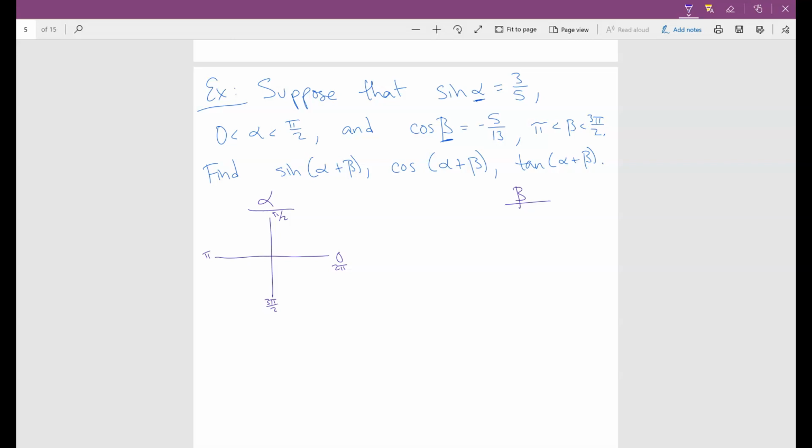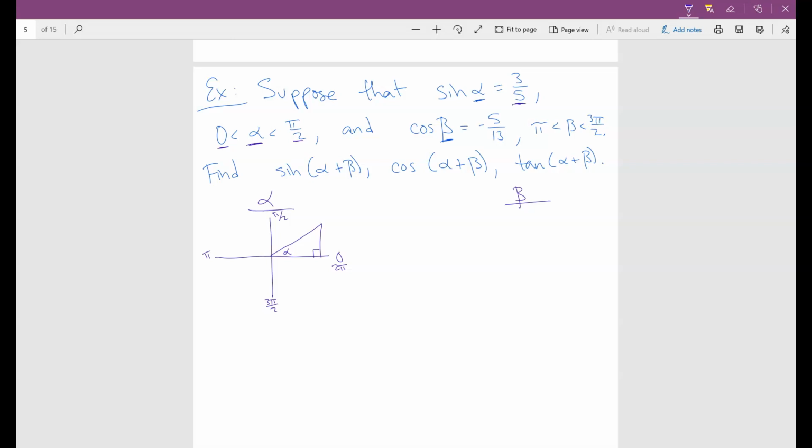So if you remember about sine, sine alpha is going to be the opposite over the hypotenuse, but we need to draw a triangle. Here we know that alpha lives between 0 and pi over 2, which is right here. So the triangle is going to look like this. Here is alpha. Now we have to figure out what exactly these sides are.